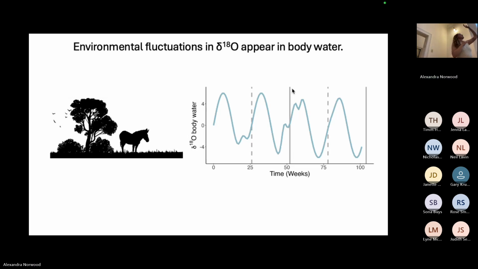So this zebra is drinking water in the place that it lives, and that is creating this oxygen isotope curve that is kind of wiggly because nothing's perfect, and it's drinking from different water sources, and sometimes it rains more intensely and other times not so much. So we get this wiggly curve that represents the water that that zebra is consuming.